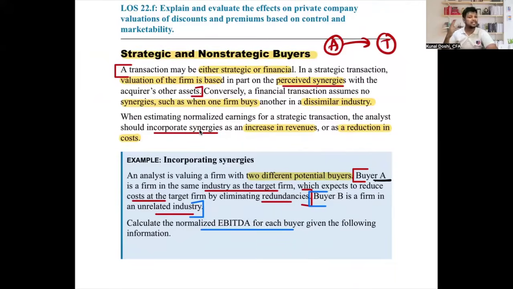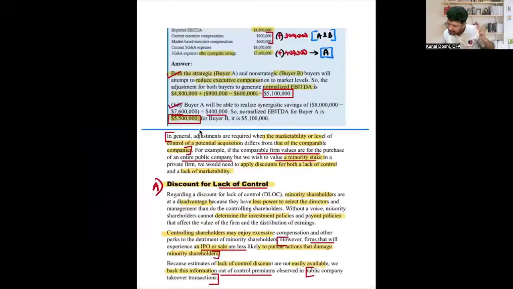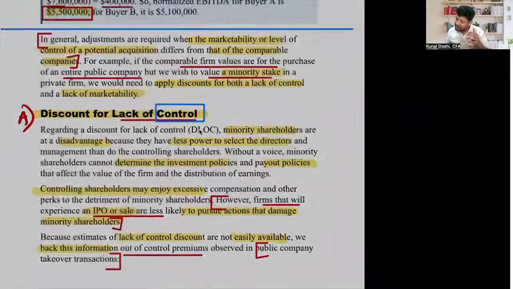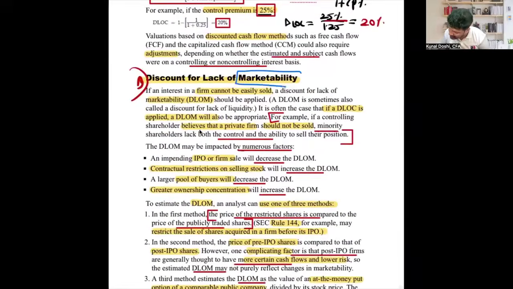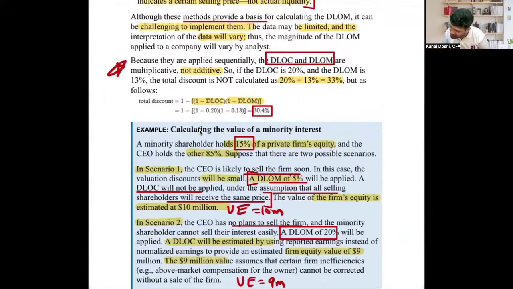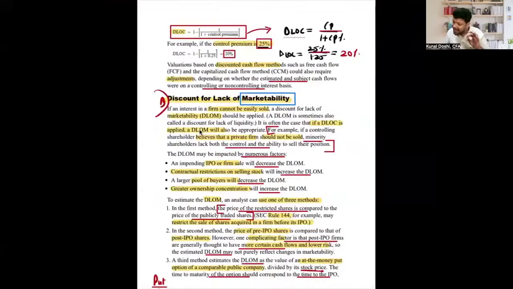These are the two adjustments that we do: we use the discount for lack of control and for lack of marketability. So I'll first discuss the discount for lack of control, and then the discount for lack of marketability, and then you can combine both. You may have both. So the total discount is basically a combination of both. What is discount for lack of control and lack of marketability?